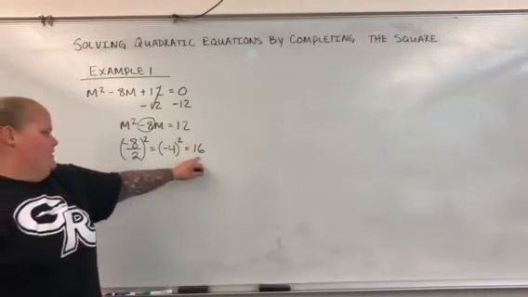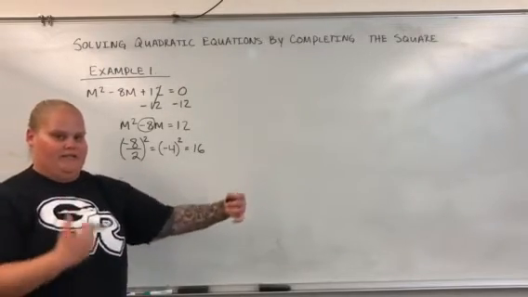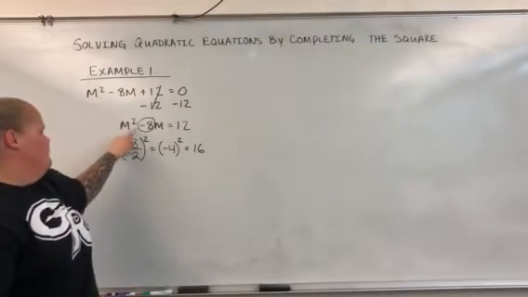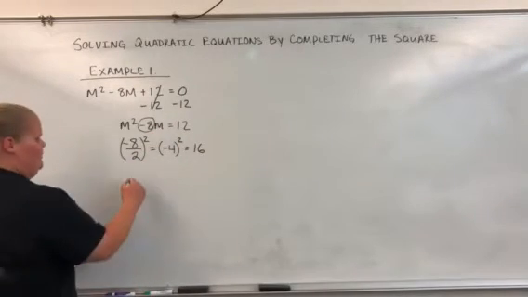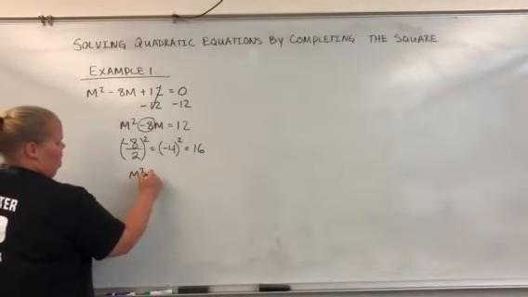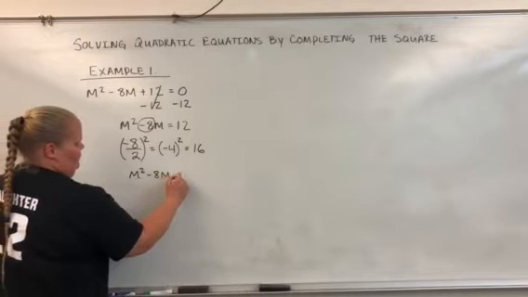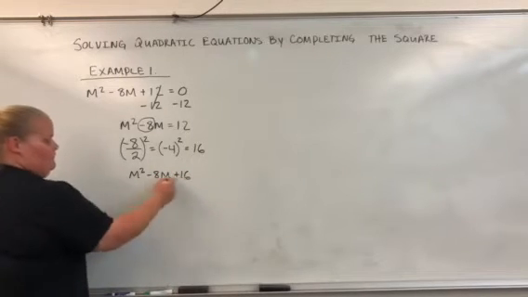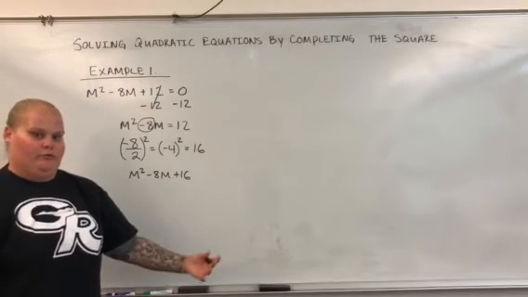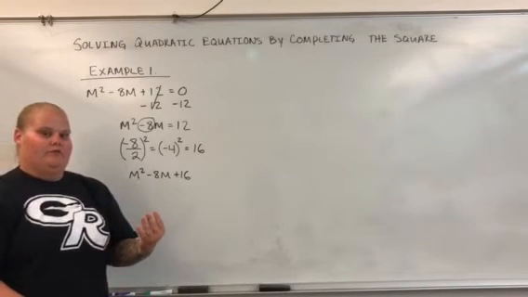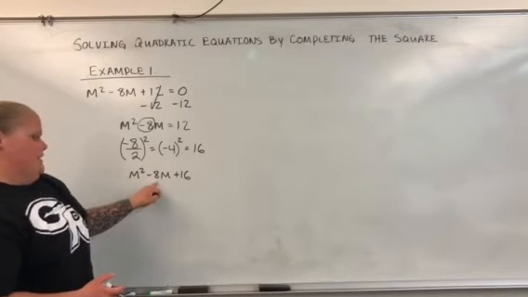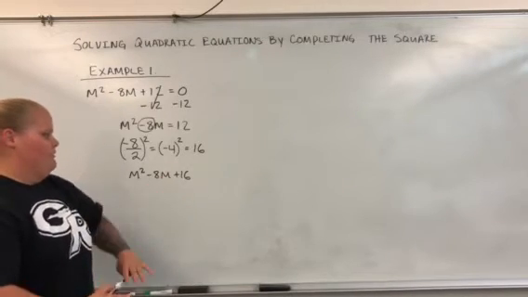Now this positive 16, if I add it to both sides of the equation, on the left side, m squared minus 8m plus 16 is going to be a perfect square trinomial, because the square root of 16 is 4, and 4 plus 4 gets me this 8. Okay, so bear with me, we'll get there.